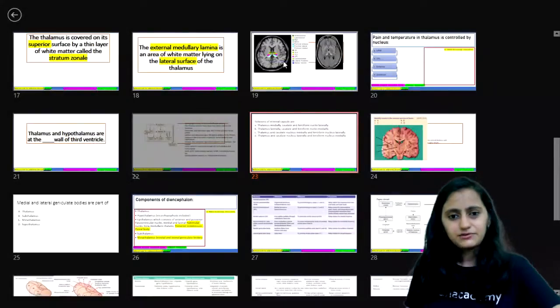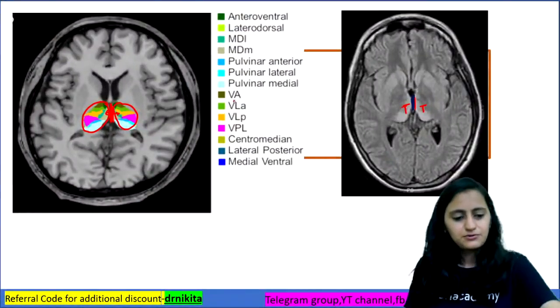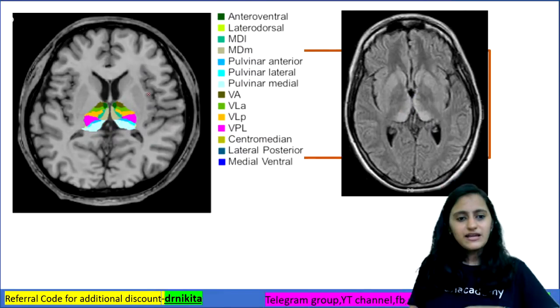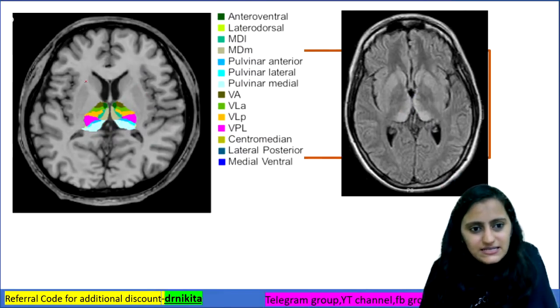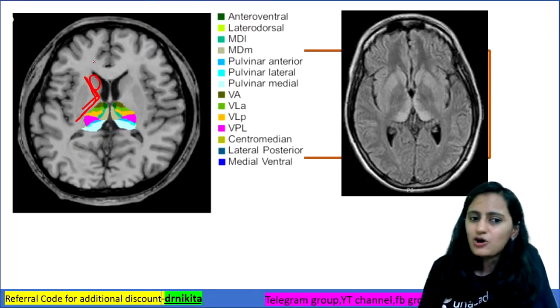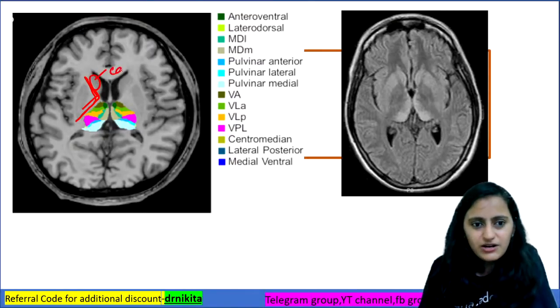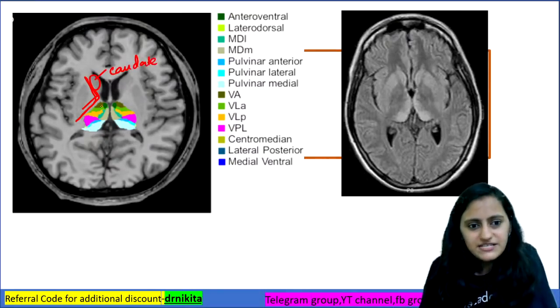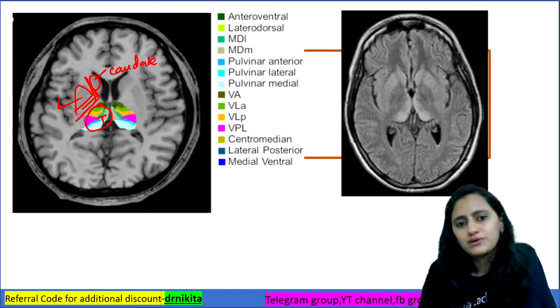Let me take you to that image again. Now can you see in this image, where is the internal capsule? This is the internal capsule. What is this structure here, adjacent to the lateral horn? We have seen this in radiology sessions already. This is the caudate nucleus. This is the thalamus. And lateral to it, that is where you have the lentiform nucleus, right?